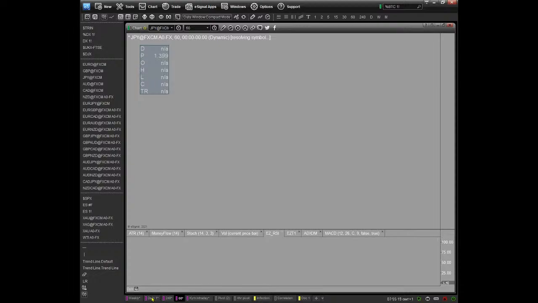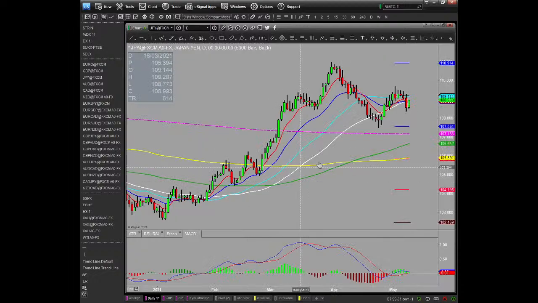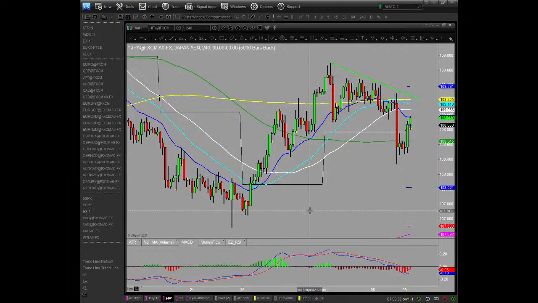Dollar yen. Yen's given back some of its gains. It's the US dollar here pushing up against the yen. Good job too, as I said, for my short, but it's slow. There is this new resistance level above, which may provide a more significant resistance point.